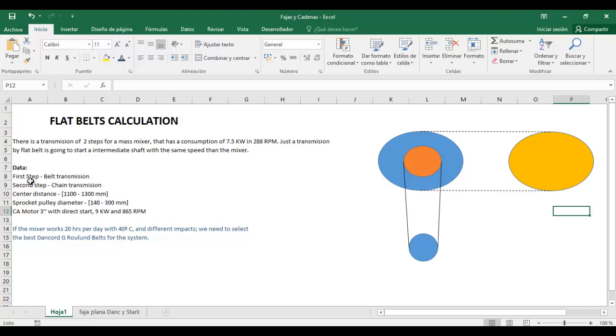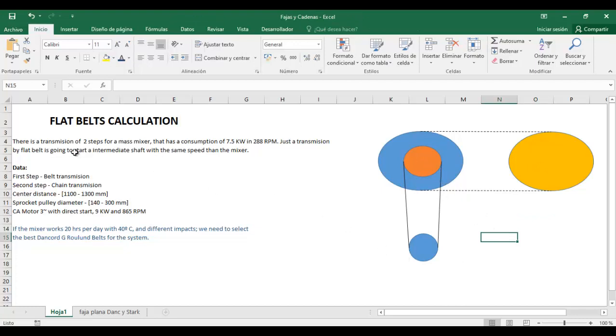The first step is the belt, the second step is the chain transmission. That's why here we have a belt with pulleys, and on the same shaft we have the sprocket for the chain, and this is our chain and the mixer. This is the driver, over here is the driving pulley. So this is the situation if you want to understand it.